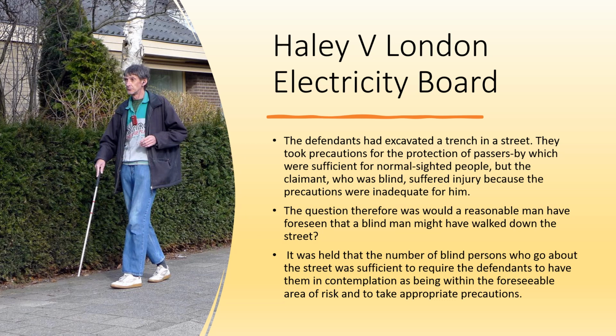It was held that the number of blind persons who go about the street was sufficient to require the defendants to have them in contemplation as being within a foreseeable area of risk, and they should have taken appropriate precautions. And note here, at the time, about 1 in 500 people was either blind or partially sighted.